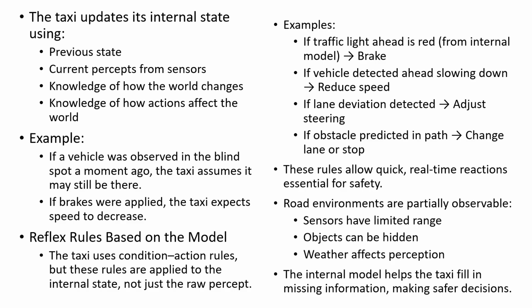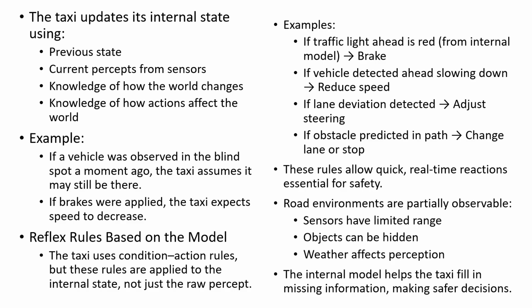If a vehicle ahead is slowing down, then reduce speed. If lane deviation is detected, adjust steering. If an obstacle is predicted in the path, change lane or stop. These rules allow quick real-time reaction, essential for safety.